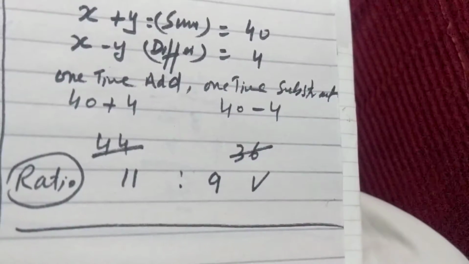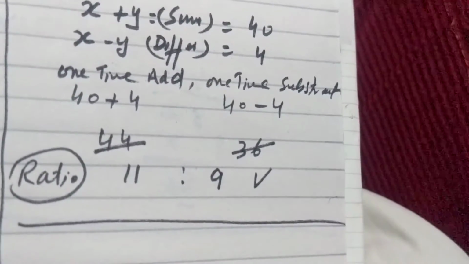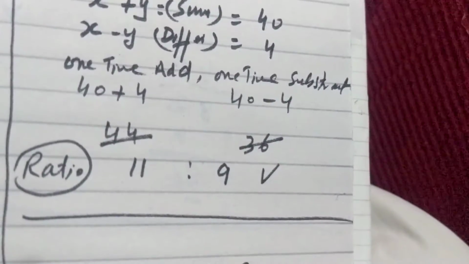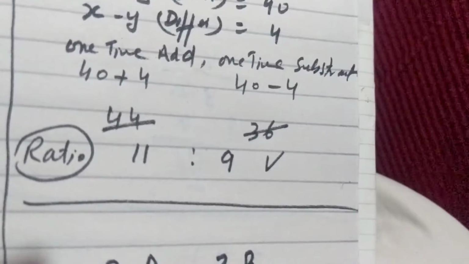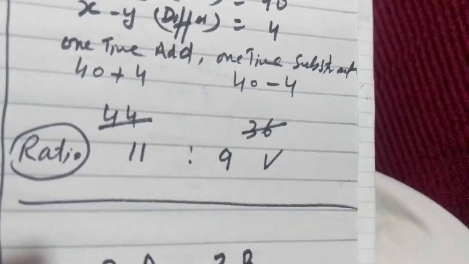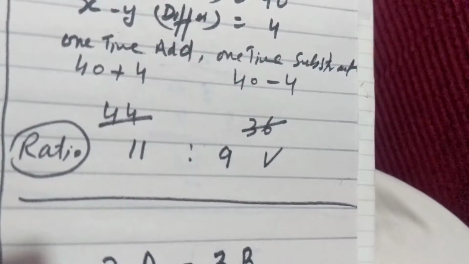Now 44 ratio 36 is further reduced to 11 into 9 and cannot be further reduced, as the last value 11 is not further divided. Thus 11 into 9 is the answer.